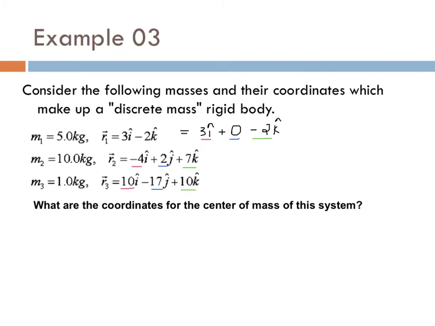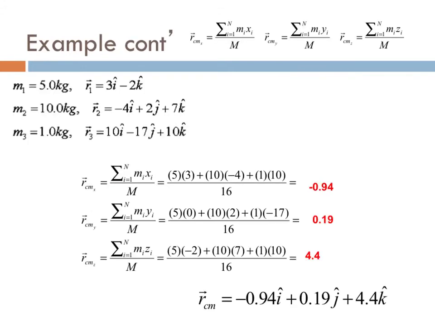So if you're asked to find the center of mass of this system, then it simply follows as the position of the center of mass in the x direction. And again, for the x direction, we're only using the x coordinates. So 3, -4, and 10.